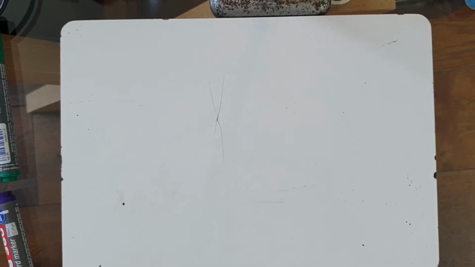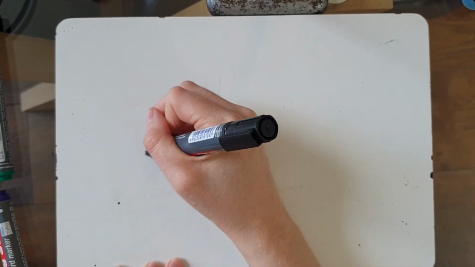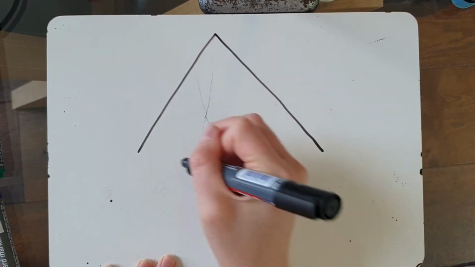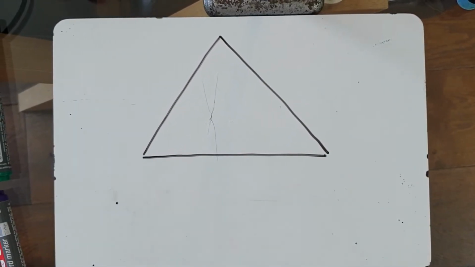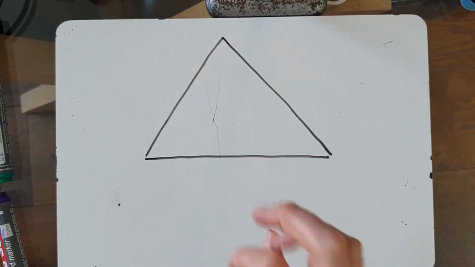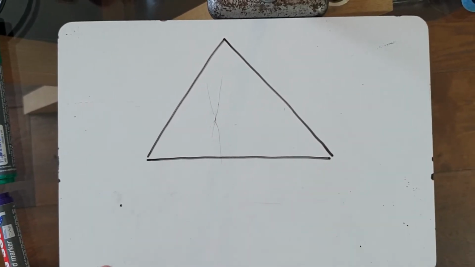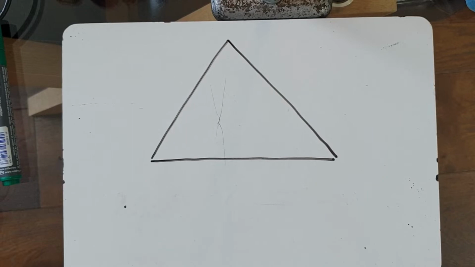Another important formula for a generic triangle, the reason I'm saying generic is it can't be isosceles, well, it can be, but we're not saying this is isosceles or equilateral or right angle. This is just some generic triangle.